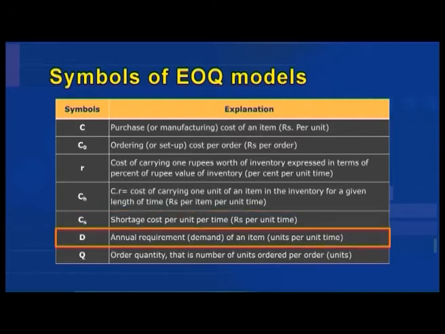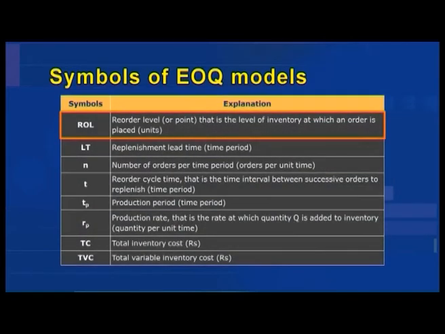D denotes annual requirement, demand of an item, units per unit time. Q denotes order quantity, that is number of units ordered per order, in units. ROL denotes reorder level or point, that is the level of inventory at which an order is placed, units. LT denotes replenishment lead time, time period. N denotes number of orders per time period, orders per unit time.